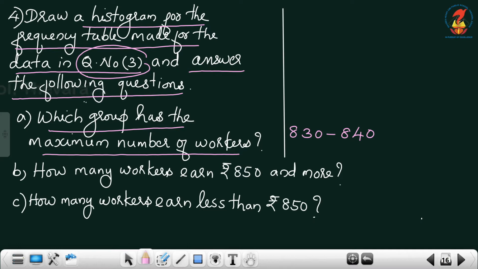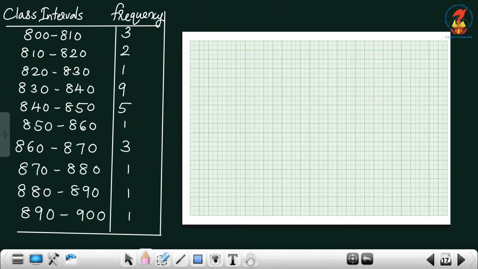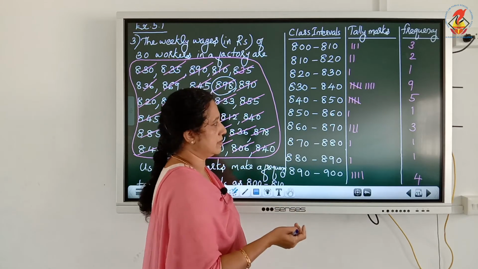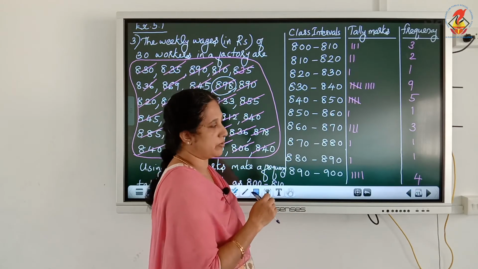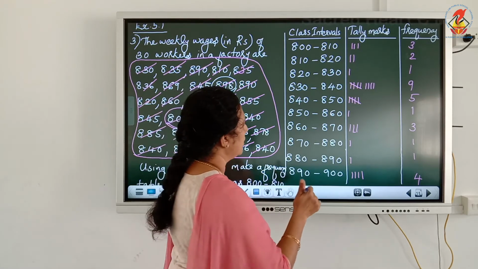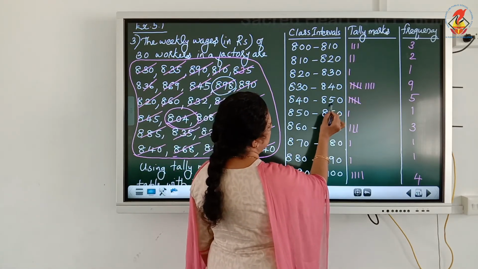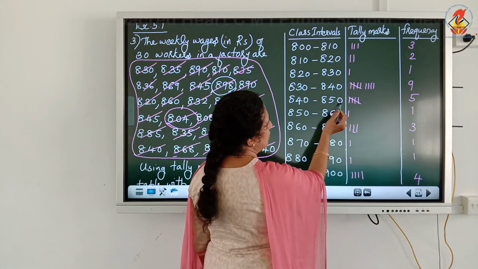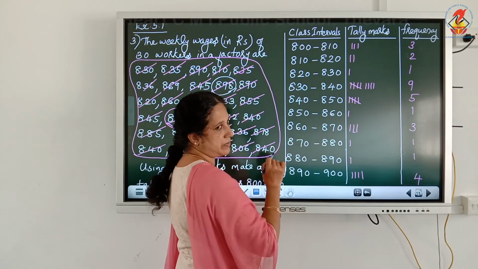Then next one, how many workers earn rupees 850 and more? So which class intervals do you have to consider? Look at the class interval 840 to 850: you have to consider all the observations below 850.